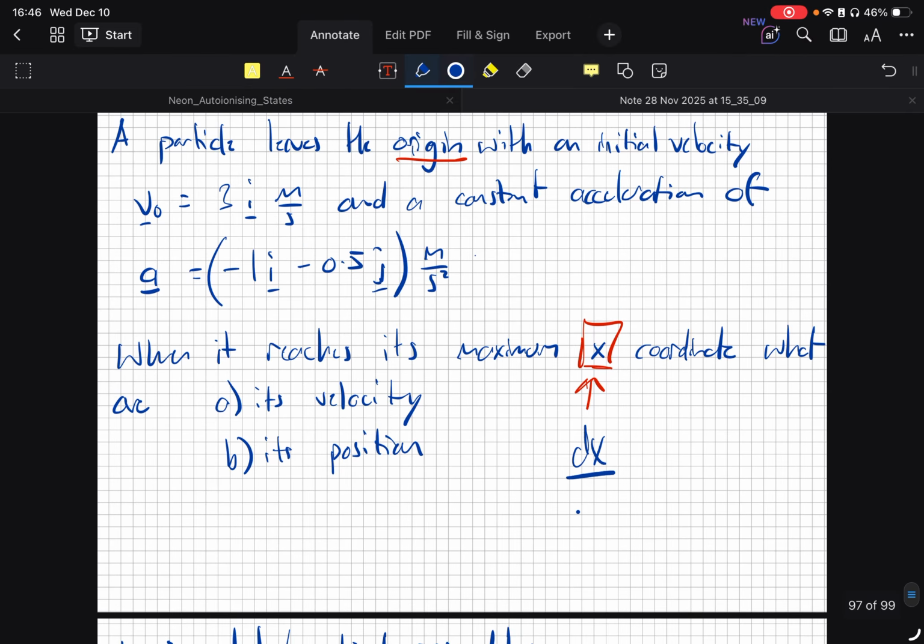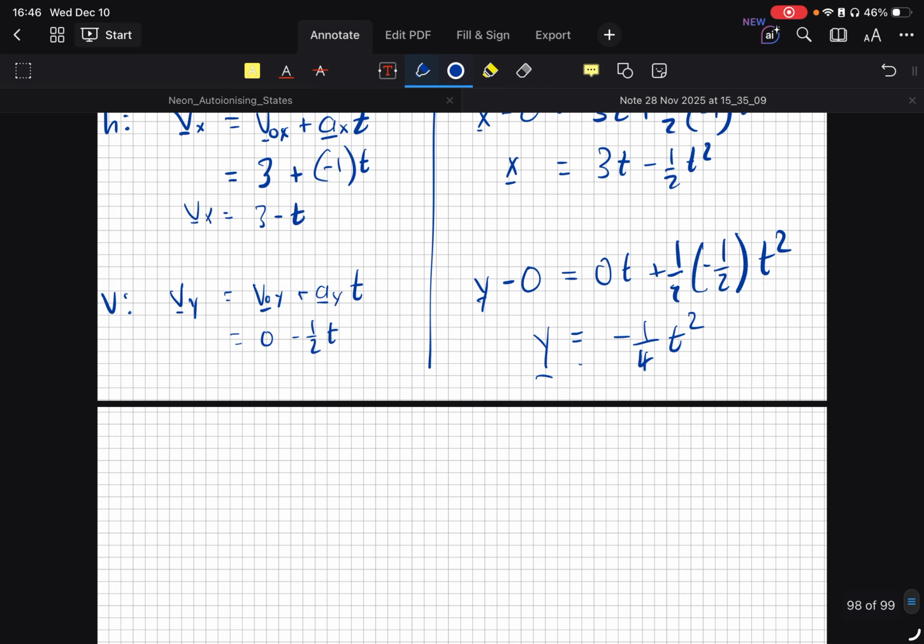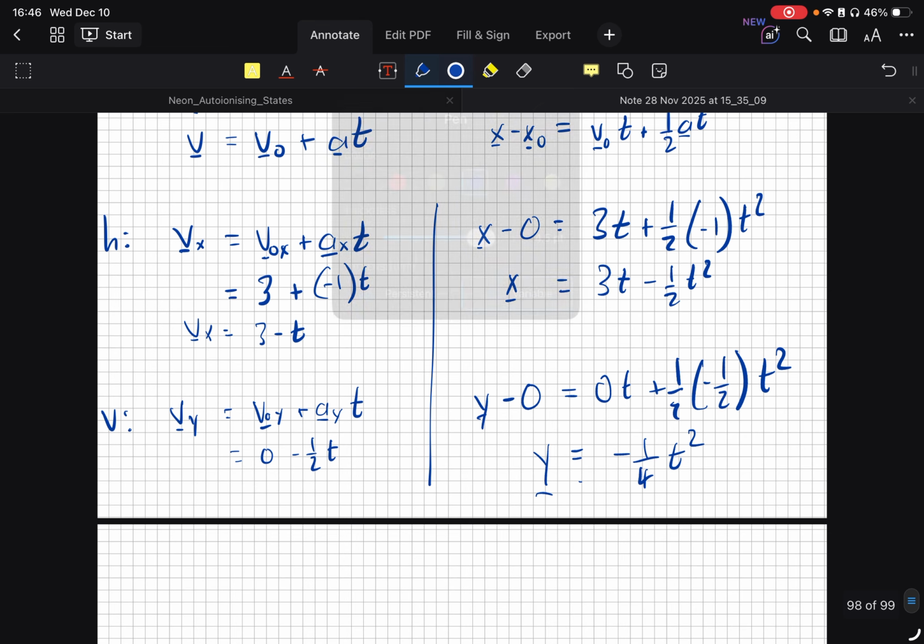So in our case, what we want is to find the moment when x is no longer changing, i.e. the moment where dx by dt is equal to 0. This is just the definition of the velocity in the x direction. So if we can determine when the velocity in the x direction is 0, that tells us when x is maximal. And that's nice and easy because we have this expression, vx equals 3 minus t.